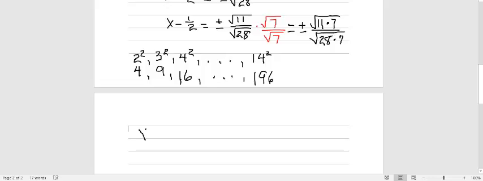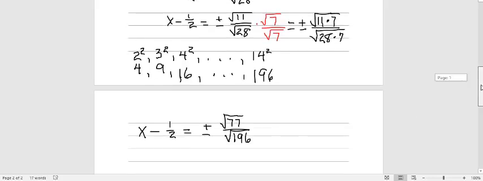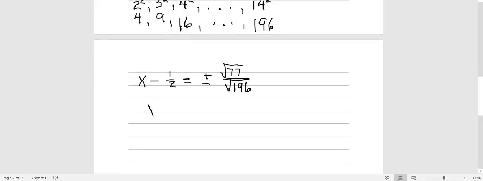So I now have x minus 1/2 on the left, and I have plus or minus square root of 77 over the square root of 196 on the right. The square root of 196 is 14.